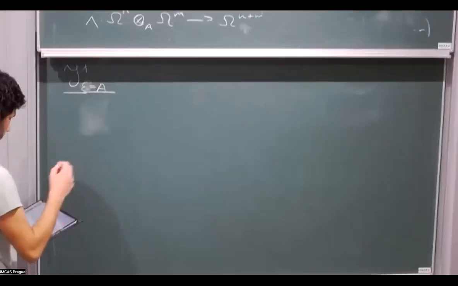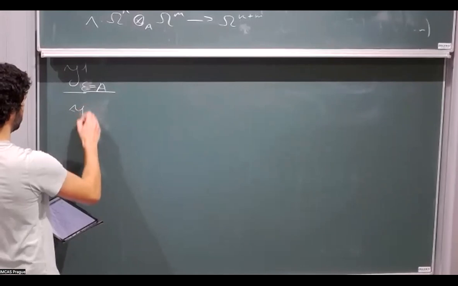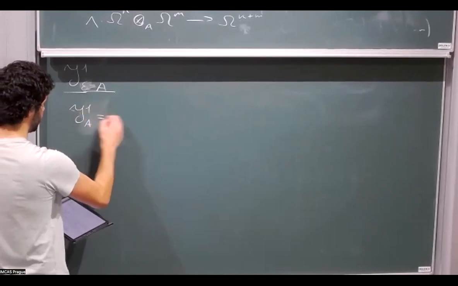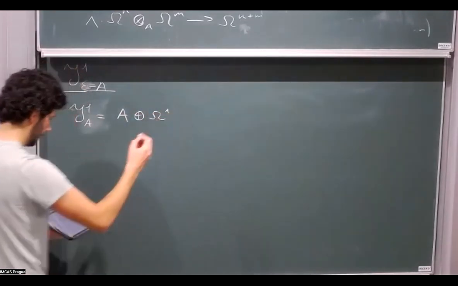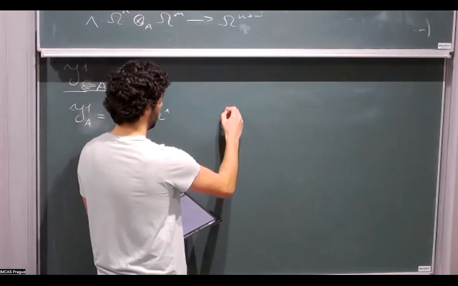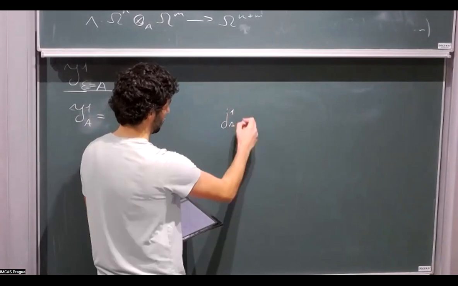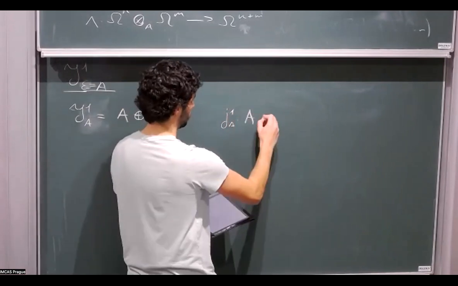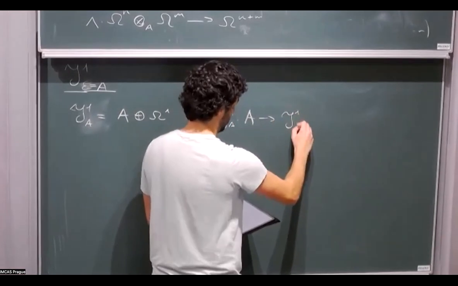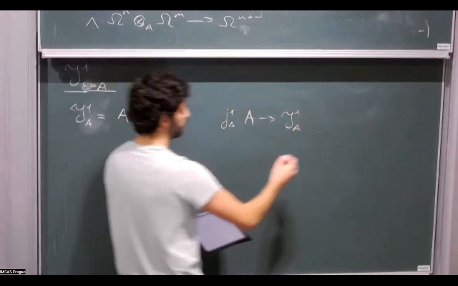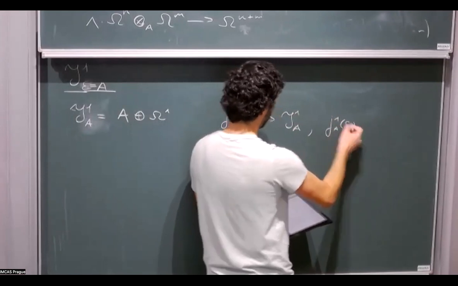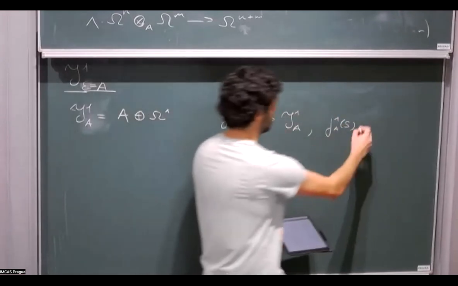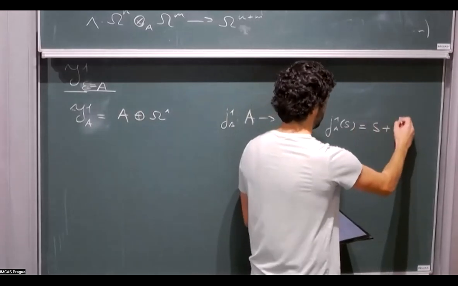So first, looking at the jets in the case that the module itself is equal to A, we set our space, our module of first order jets, as just being A plus omega 1, the direct sum. We have that our prolongation map, j1 going from A to curly J1A, we define as follows: if we take an element s, s for section, this is just s plus ds.